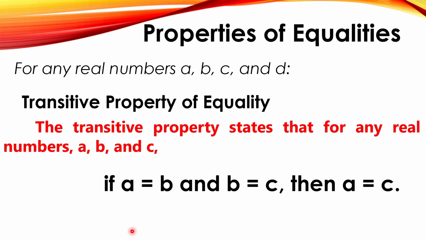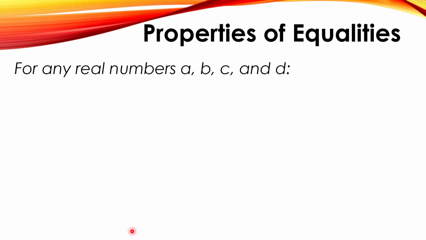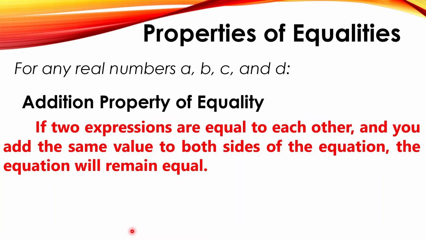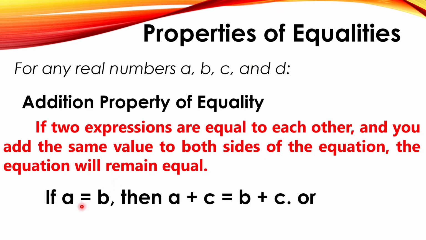Okay? So next, addition property of equality. If two expressions are equal to each other and you add the same value to both sides, the equation will remain equal. If a is equal to b, then a plus c is equal to b plus c.